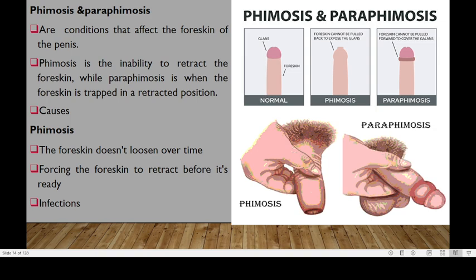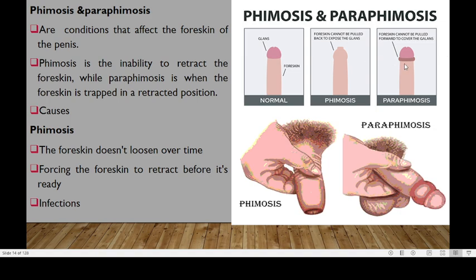So what happens in paraphimosis? Paraphimosis now is when the foreskin is trapped in a retracted position. So look at the third diagram. Remember the first one is normal, the glans is easily exposed. The second one, the glans cannot be exposed, right? Because the foreskin is so tight, it can't be pulled back to expose.